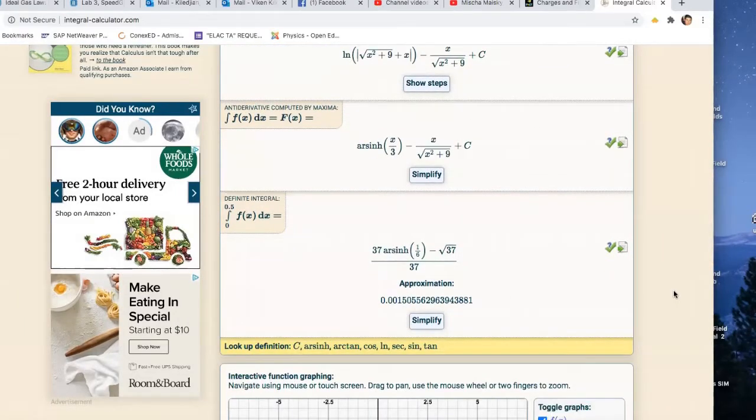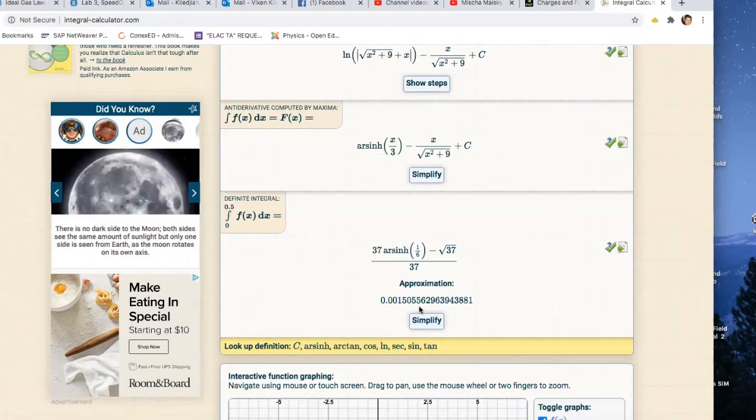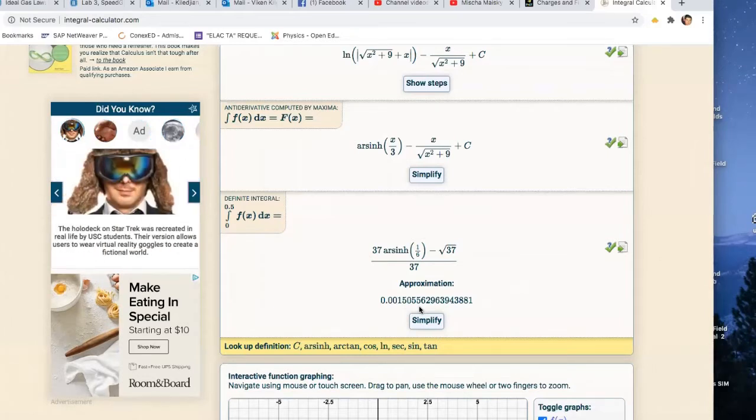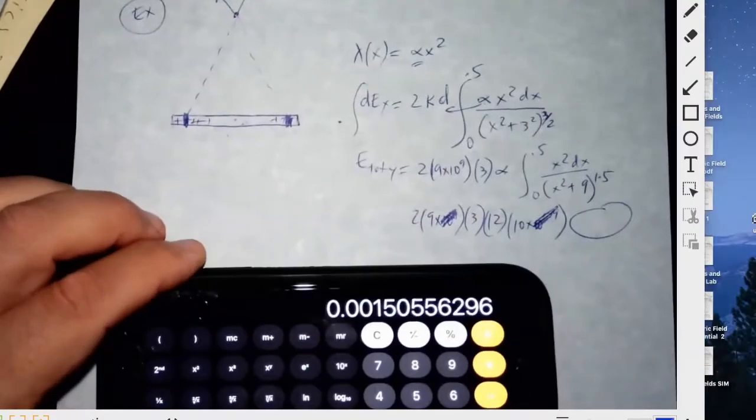Okay, so let's put that in my calculator. So the integral came out 0.0015556296. Okay, so the integral came out that.